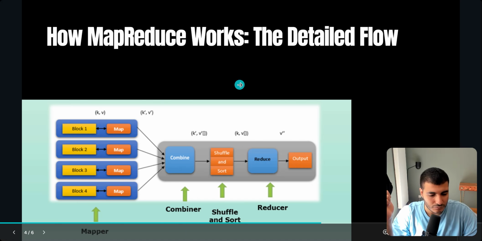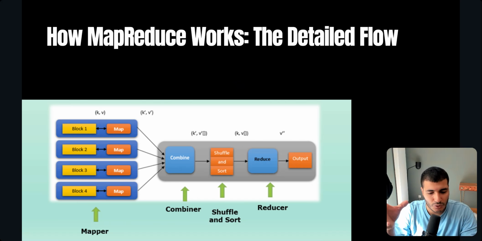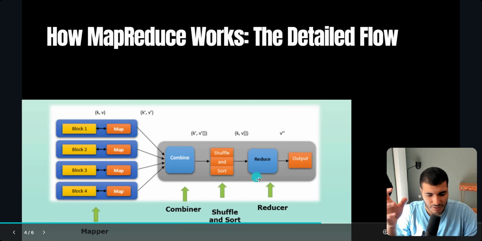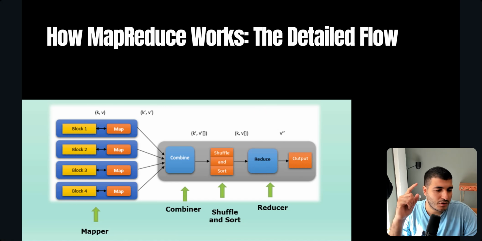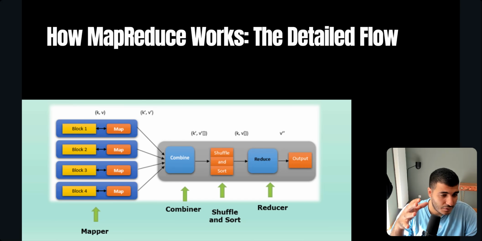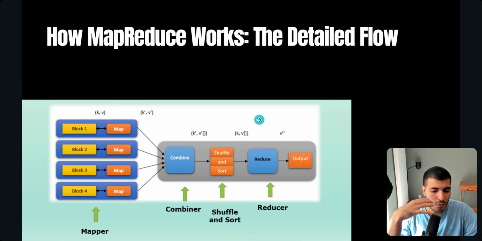The MapReduce framework divides the input data into independent splits, and a mapper task is assigned to each split, or a combiner, you can call it that as well.